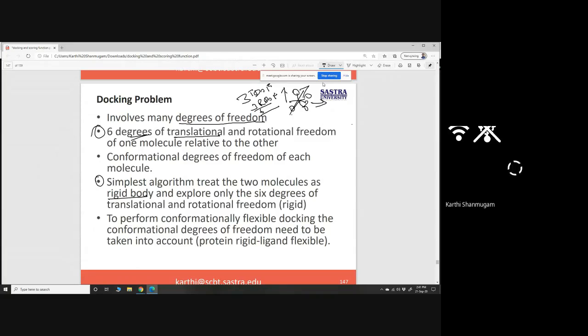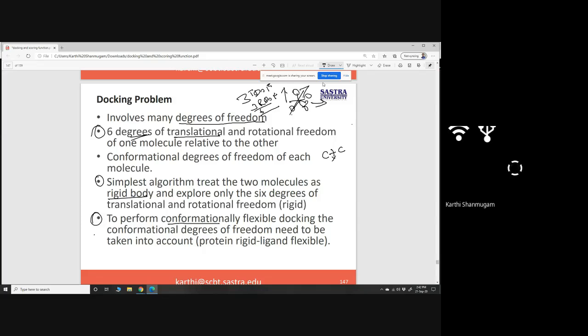But we have some docking algorithms which are very complex in nature. They can handle conformational degrees of freedom. The meaning of conformational degrees of freedom is that wherever you have a carbon-carbon single bond, either in the protein molecule or in the ligand molecule, it can undergo rotation, which leads to many conformations of both the ligand and the protein molecule.